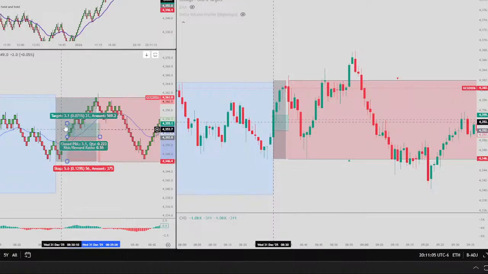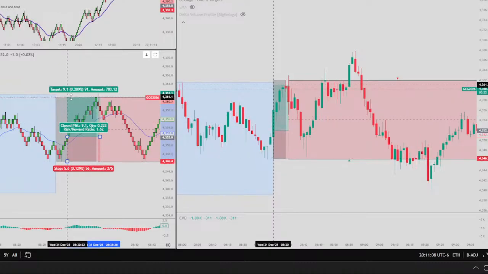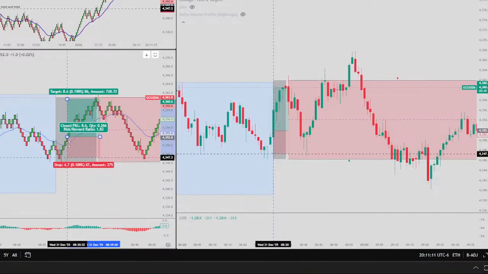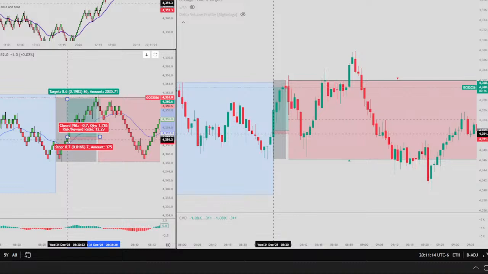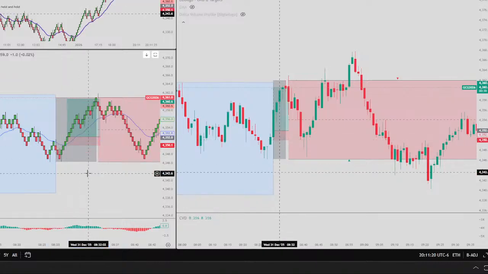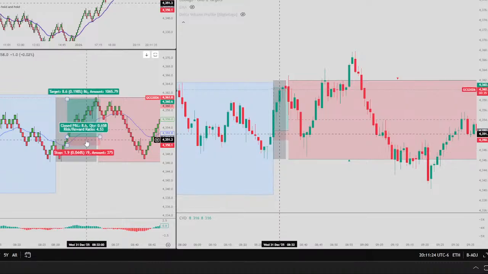Now I don't know where you're placing your stop, but what is this? Almost like a 9-to-1.